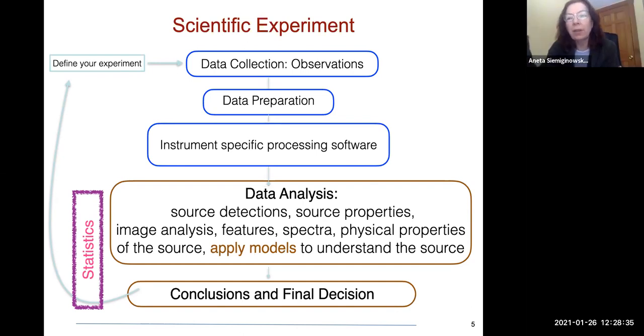Because when you get the data from the satellite on the ground, you have the telemetry information, and you need to know the format in which this information comes to the ground. So you have engineering data related to the spacecraft, and all the information about pointing at the sky, which you have to process. In Chandra, you've got the optical camera, which tells you where the X-ray telescope is pointing. So you collect this information.